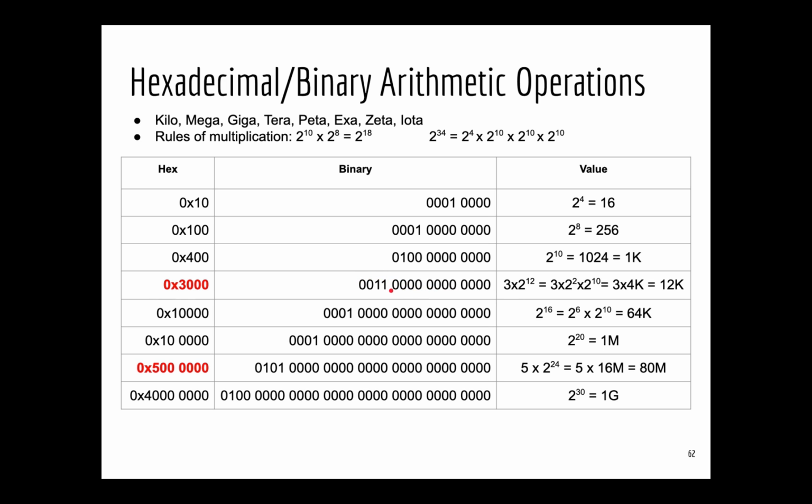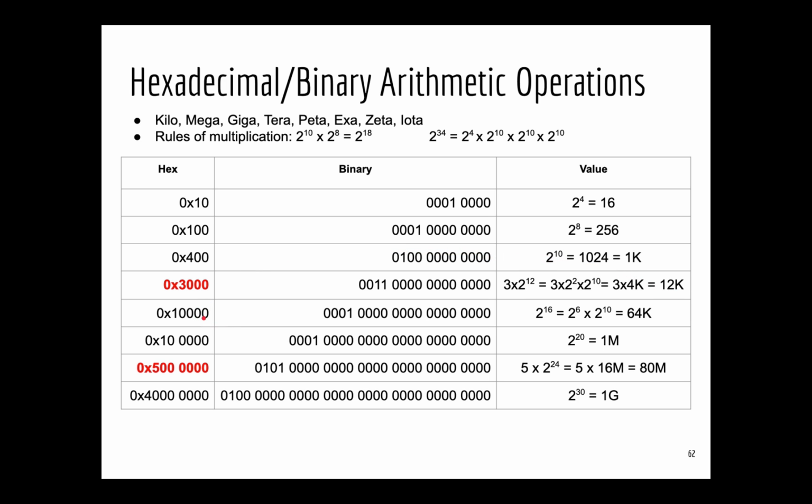So technically, this is just a multiplication: 3 times 2 to the power of 12. But I want to factor out 2 to the 12 because I see 2 to the 10 in there. 2 to the 10 becomes 1 kilo, and 2 to the 12 I can break up into 2 to the power of 2 and 2 to the power of 10. So all together, this is like 4, and this is 1k. So the last two groups are 4k. So 3 times 4k becomes 12k.